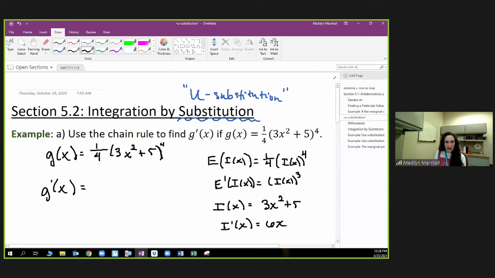So the chain rule tells us that we will have the derivative of the exterior, which is that interior part raised to the third power, times the derivative of the interior.